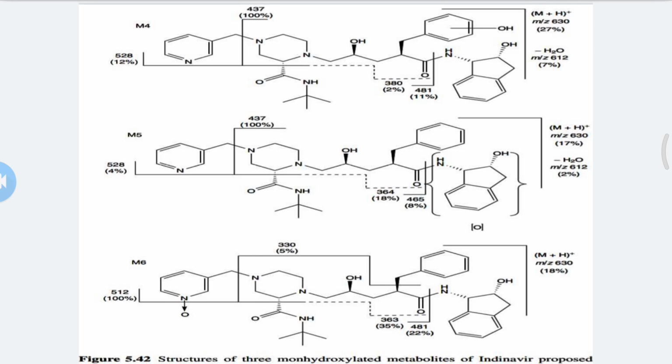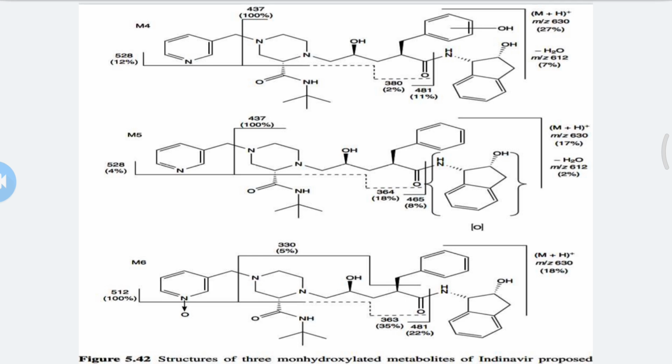This is higher than that of the parent drug, but it is not easy to determine because the pyridyl fraction is attached to the pyrazine, and it is a root fragmentation effect.